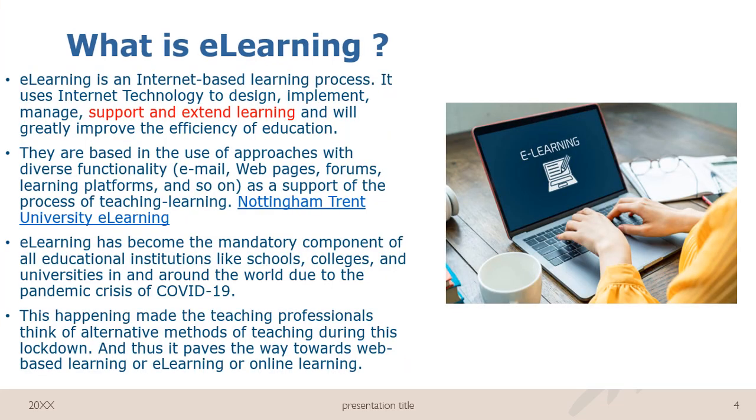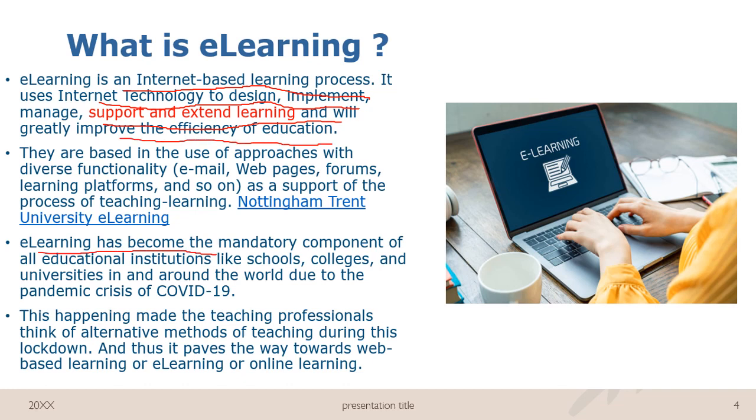environment. What is e-learning? E-learning is an internet-based learning process. It uses internet technology to design, implement, manage, support, and extend learning and will greatly improve the efficiency of education.